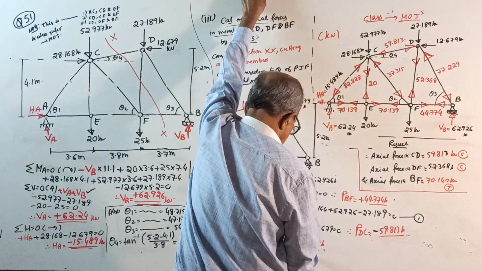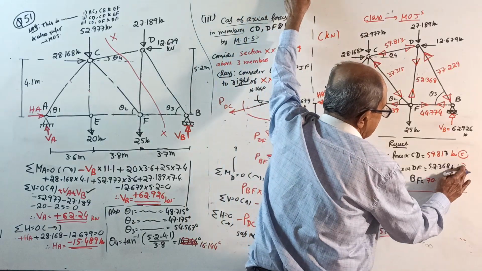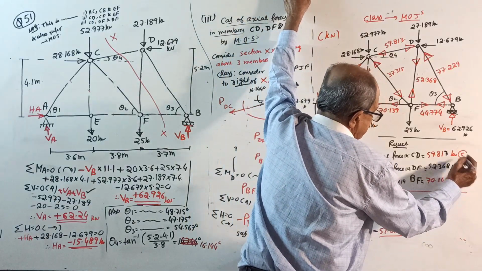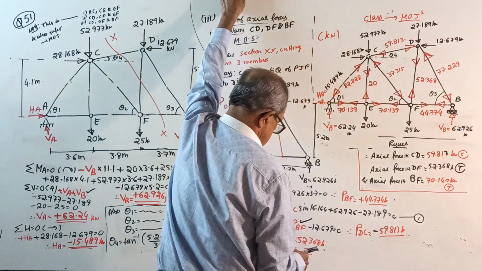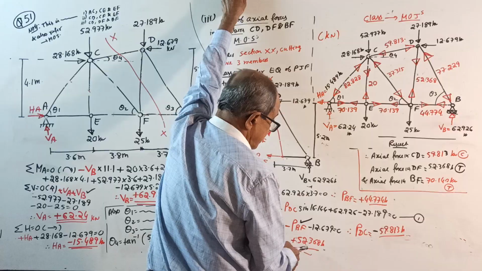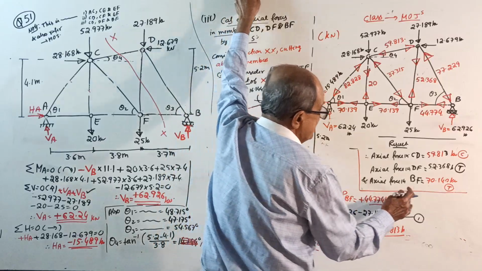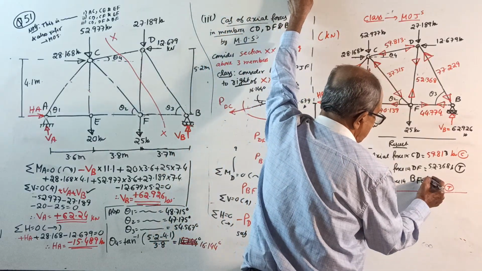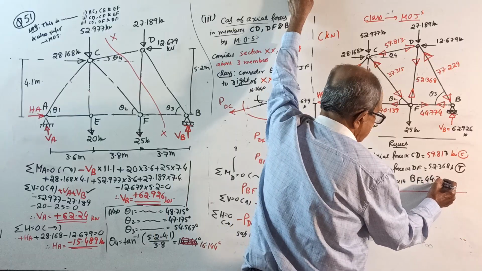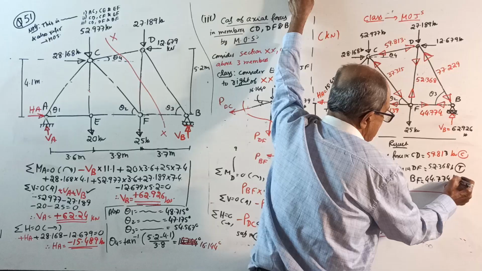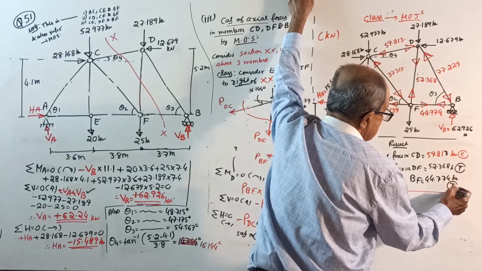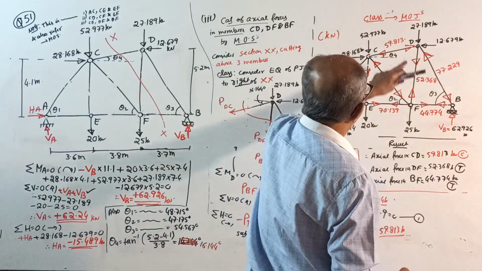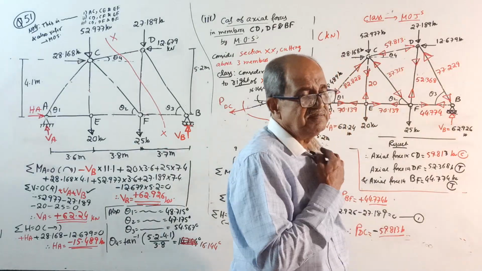Positive came, therefore tension. And lastly, BF is 44.774 kilonewton, once again tension. Perfectly correct.